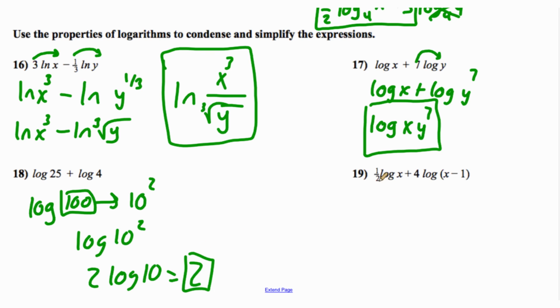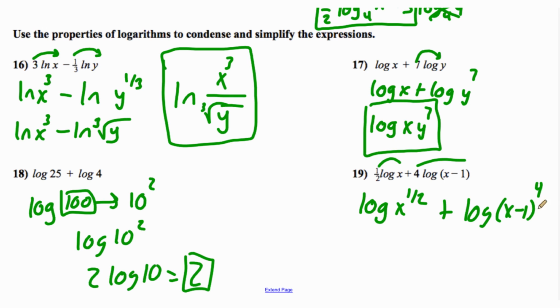Last one, number 19, we've got a half log of x plus 4 log of x minus 1. With each one of these numbers, we're going to bring them up as powers, so we get log of x to the 1/2 power plus log of x minus 1 raised to the 4th power. This half power is the same thing as a square root, so that's log of the square root of x.